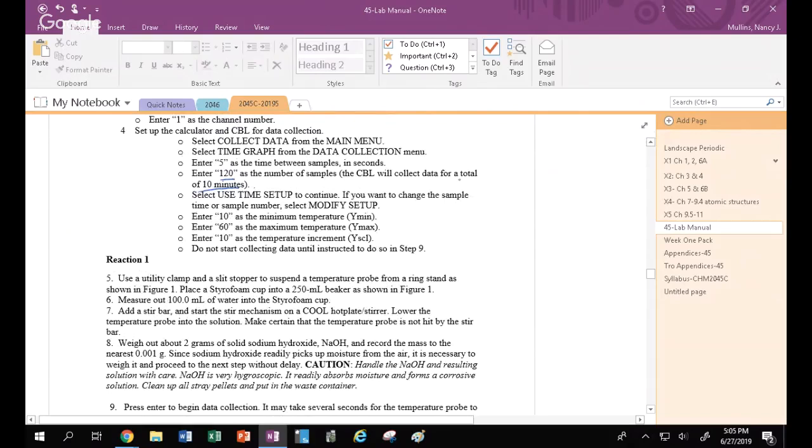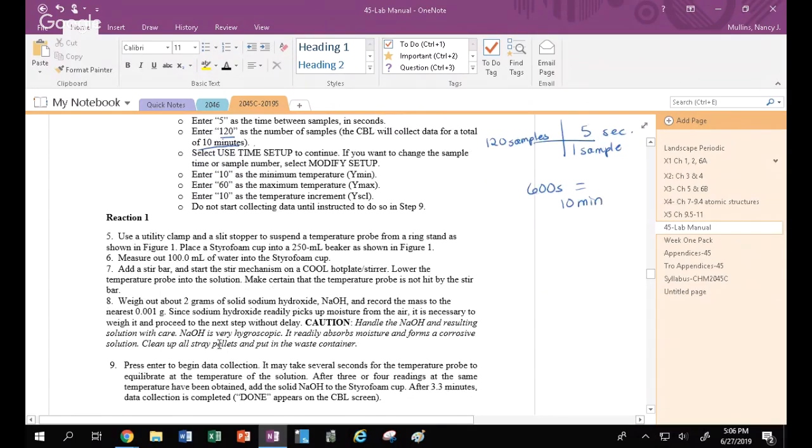If I have 120 samples, and I know that for every one sample there's 5 seconds, then it's going to be 600 seconds, which is 10 minutes. Right. So, okay, I'm just trying to make sure. Yeah, I get that.